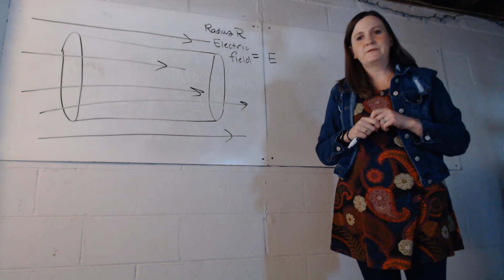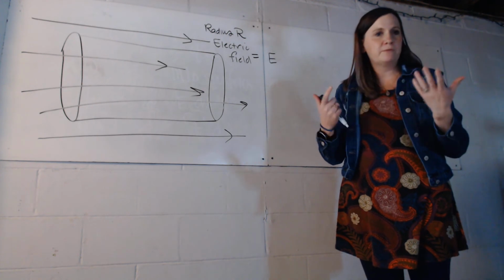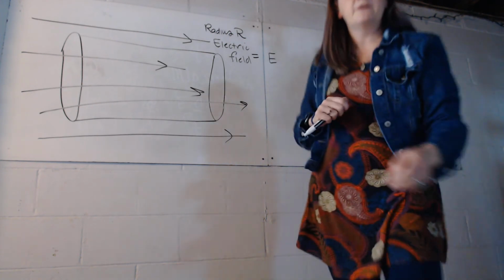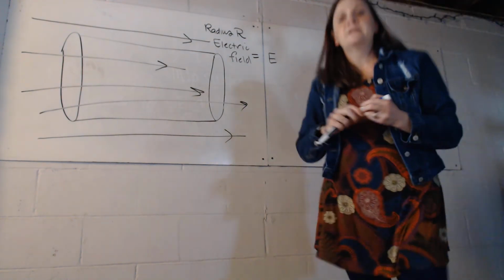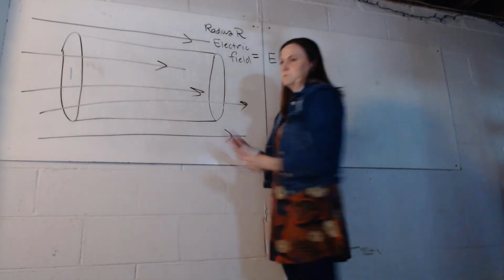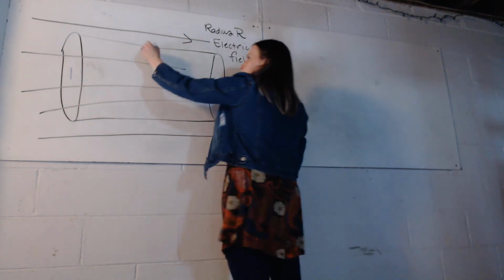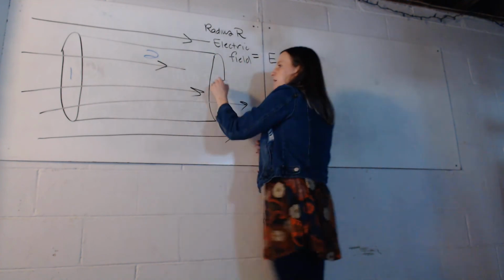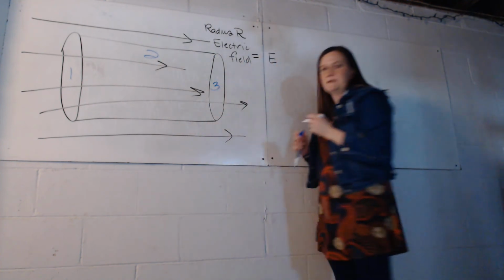When we are working with things like cylinders or cubes, they have multiple faces, right? So we think of 3 different surfaces that electric field lines can be piercing. One would be right here, the left circle part of the cylinder. 2 would be the body of the cylinder. And 3 would be this right face of the cylinder.